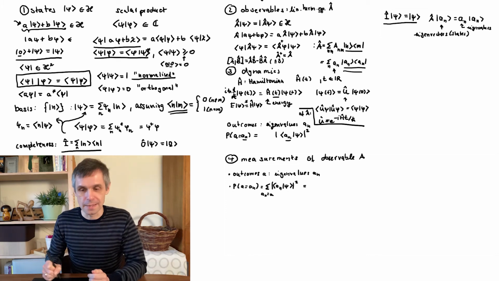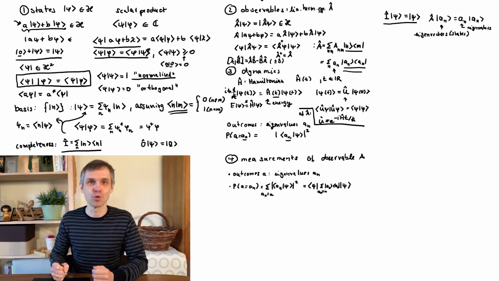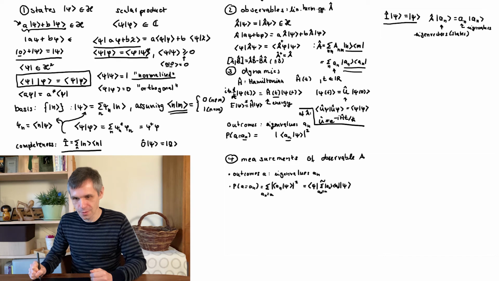Now this can be expressed quite neatly in the following compact form, involving a scalar product and something which we call a projection operator.